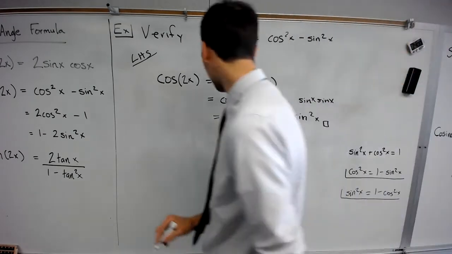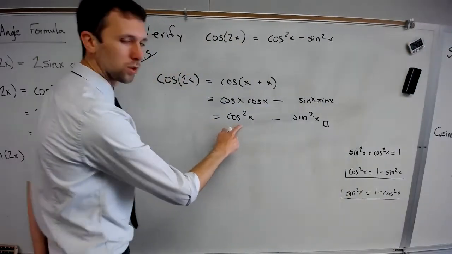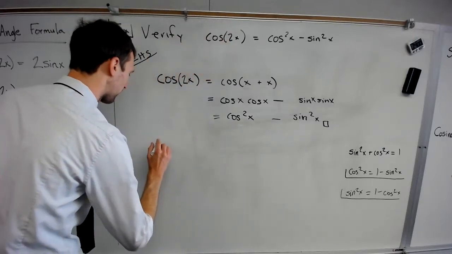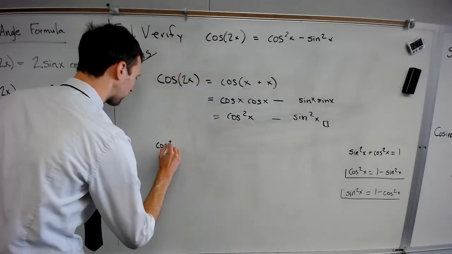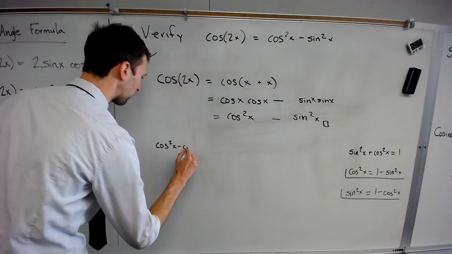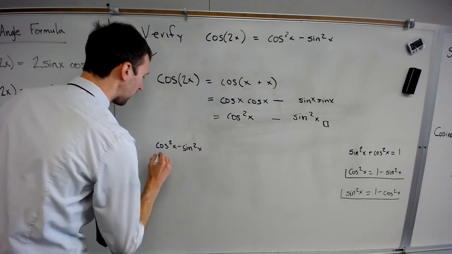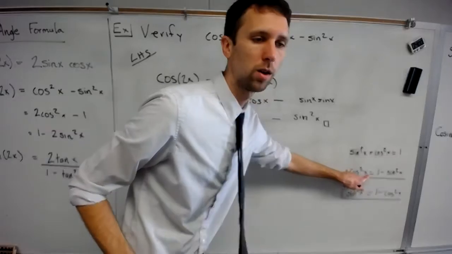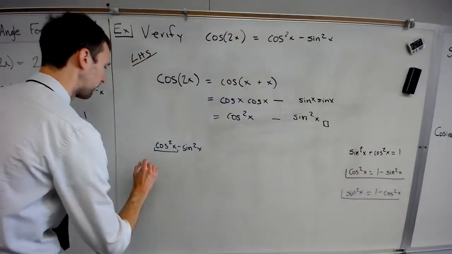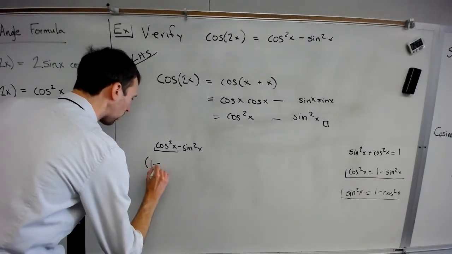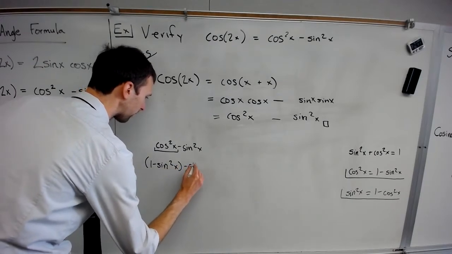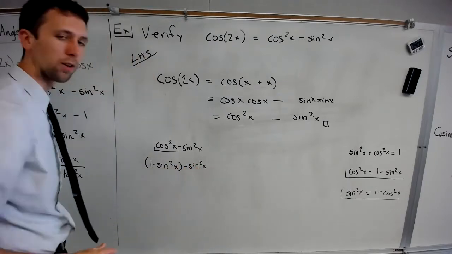So let's see how that helps us. So looking at where we finished, cosine squared of x minus sine squared of x. I replace the cosine squared of x with what it is equal to, replace it with 1 minus sine squared of x. All right.